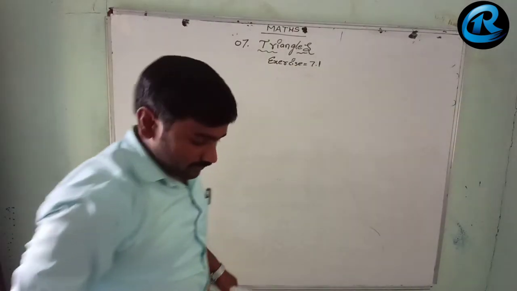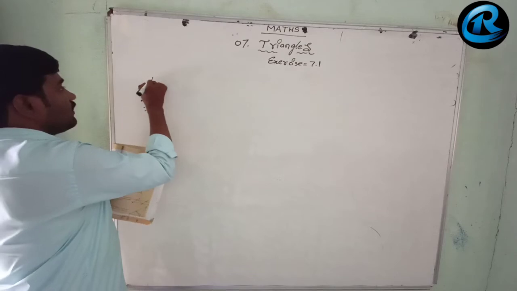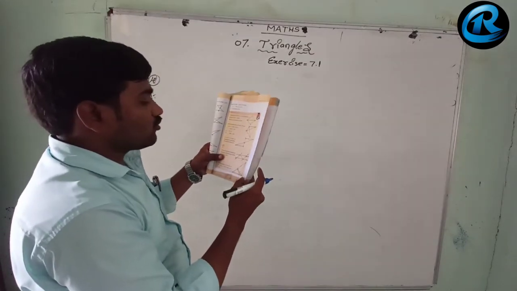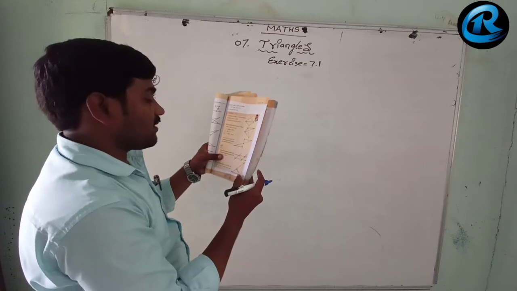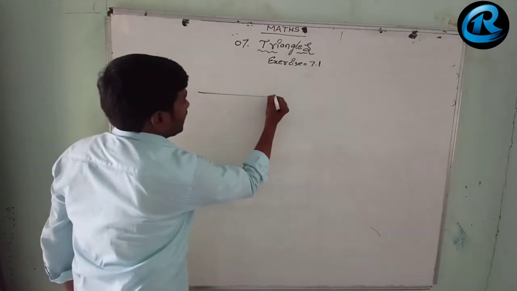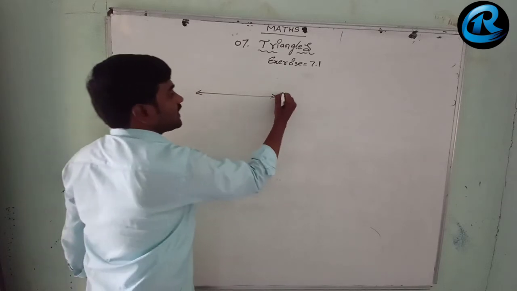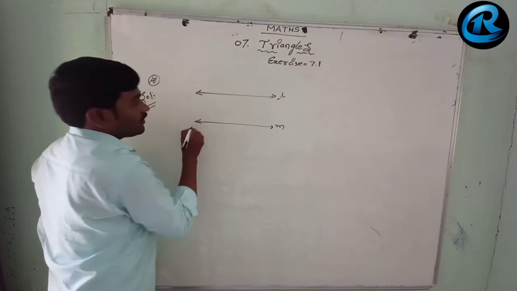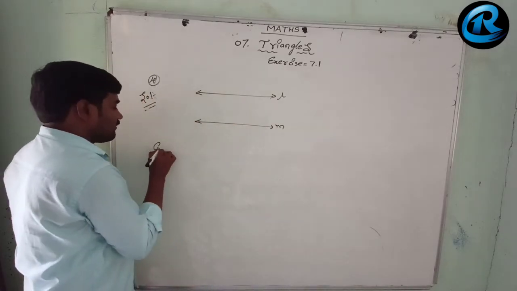See the fourth question, everyone. The fourth question diagram: L and M are two parallel lines intersected by a pair of lines P and Q. Here L is one line, and here M is another line. So these two lines are parallel.